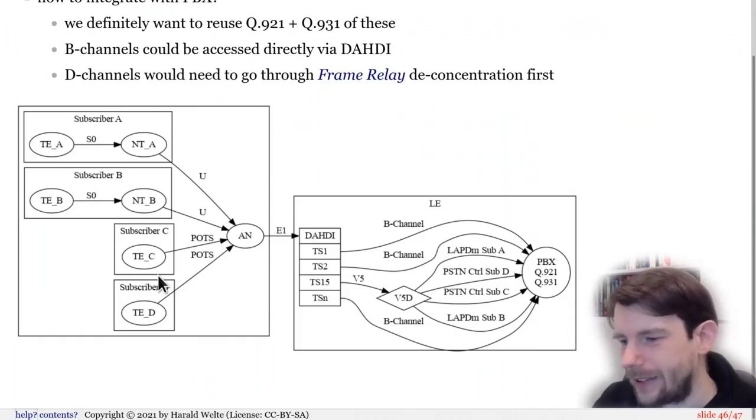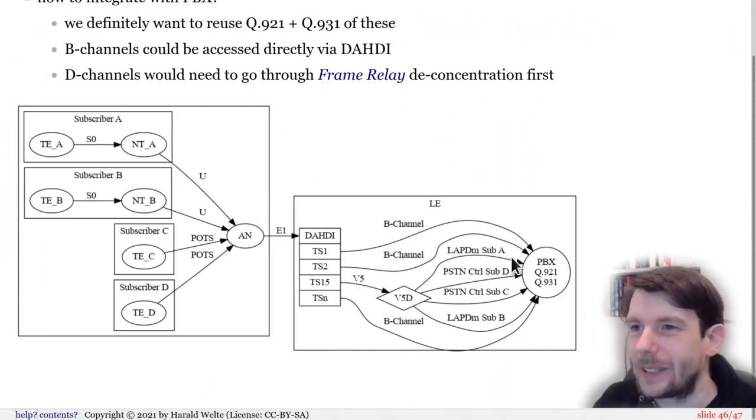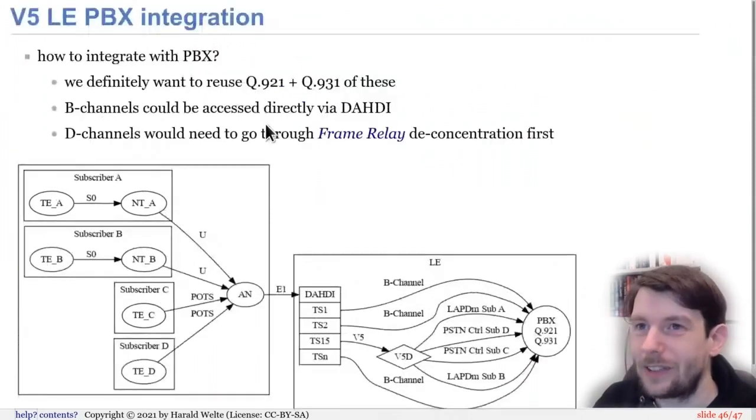But I mean, first I need to get this beast running and get all the communication over the V5 interface up and running. And once that is the case, then I can think more detailed about this integration. But the rough plan is clear. The details are to be defined once the work on that will start.